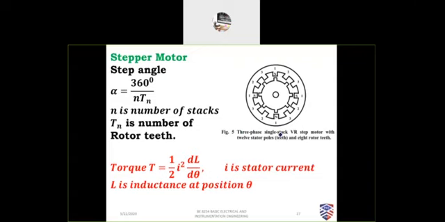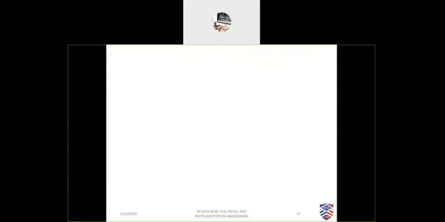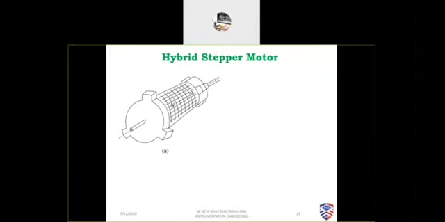So this is the three-phase single stack stepper motor. Already told you, you can keep the stacks as many as possible. That comes in the hybrid stepper motor. See, these are all the stackings.